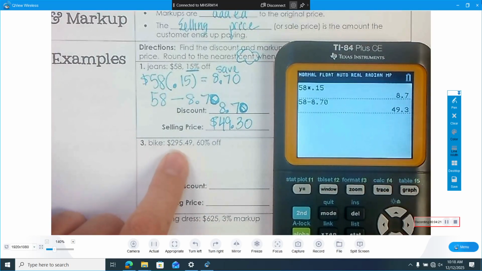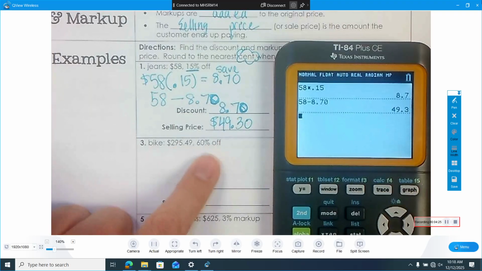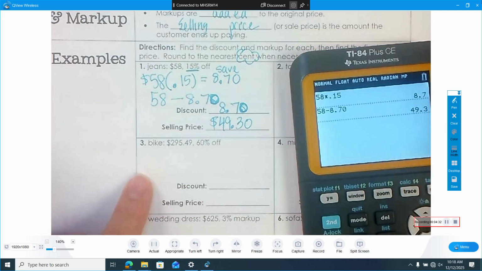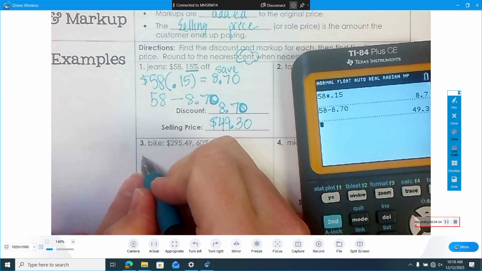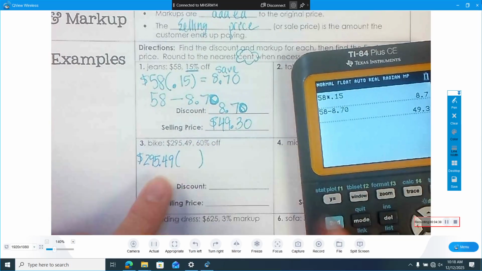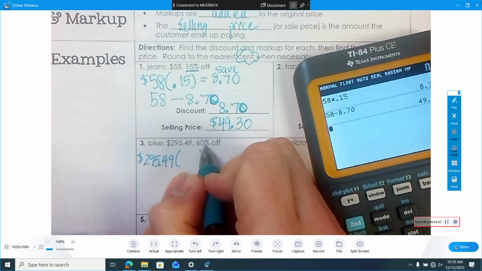So here we have a bicycle, $295.49. Man, bikes are so expensive. But hey, this one is 60% off. So what should I do to figure out what my discount is? Yeah, I'm going to take my $295.49 and I'm going to multiply it by what? 0.60.